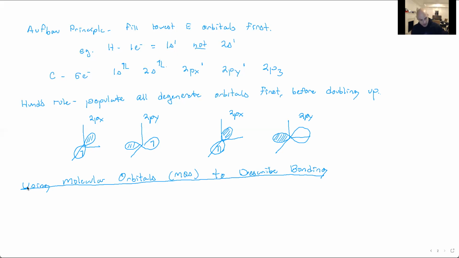And again, we're going to not do it using equations, but instead doing it graphically.